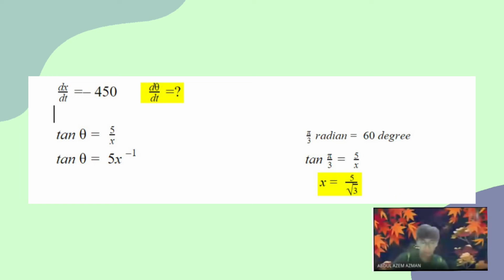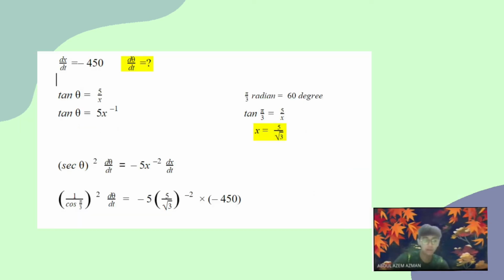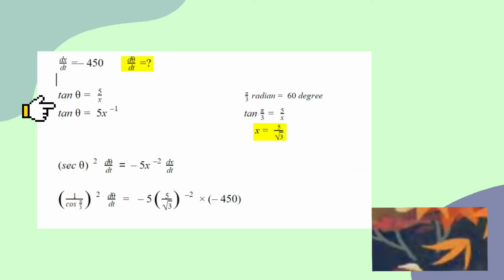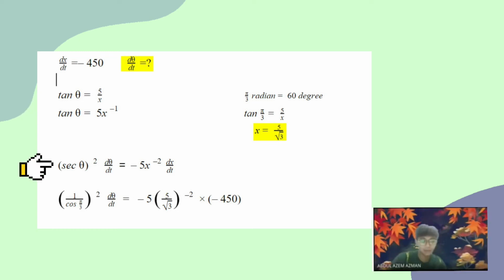But we still don't have the d theta over dt value. So what we need to do is make the equation tan theta equals 5 over x, and we differentiate the whole equation. The equation after differentiating is secant squared theta times d theta over dt equals negative 5 x to the power of negative 2 times dx over dt. We already have the value of x and dx over dt.